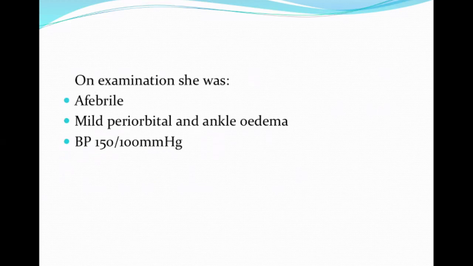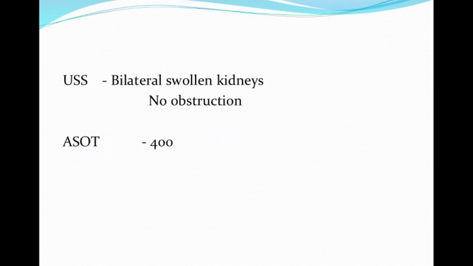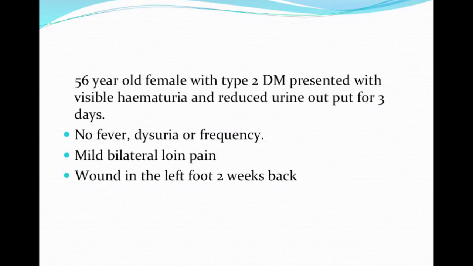On examination there was edema and high blood pressure, and the urine was in keeping with some kind of glomerulonephritis. The ASOT was also positive. So there was no doubt in our mind that this was a typical acute nephritic syndrome or post-streptococcal glomerulonephritis.